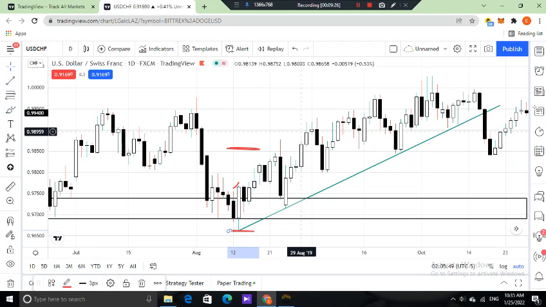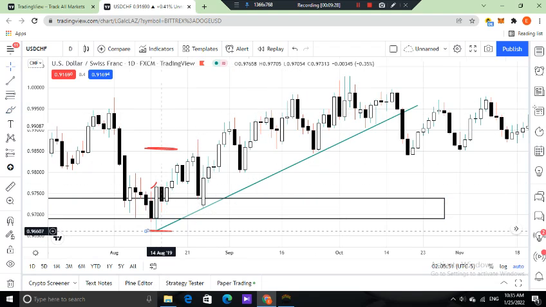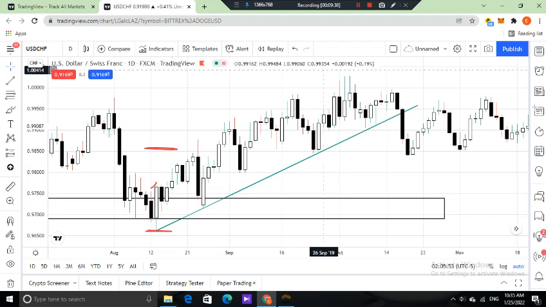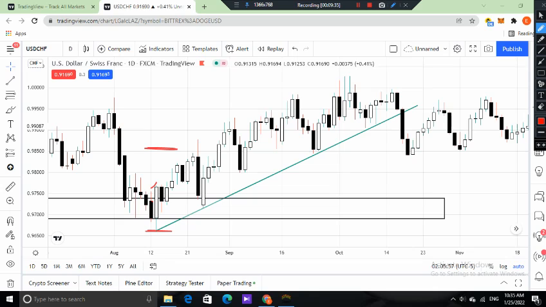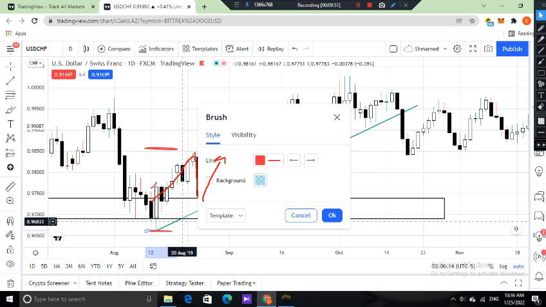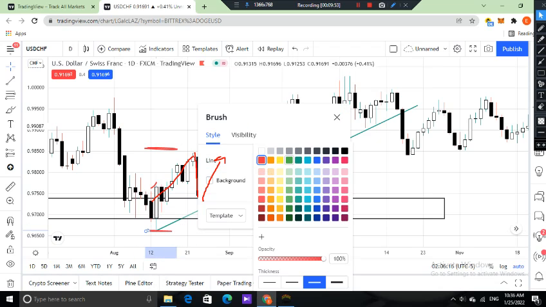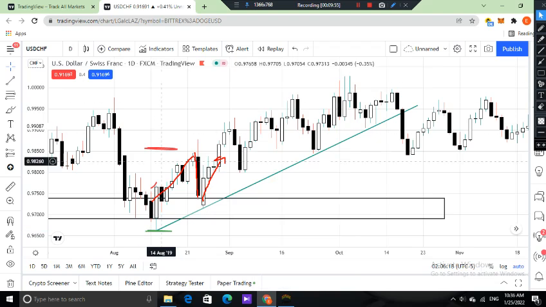First, you put your stop loss here, but as price goes up and this pullback happens, after this engulfing bar, you might raise your stop loss. Let me change this color, it's better.